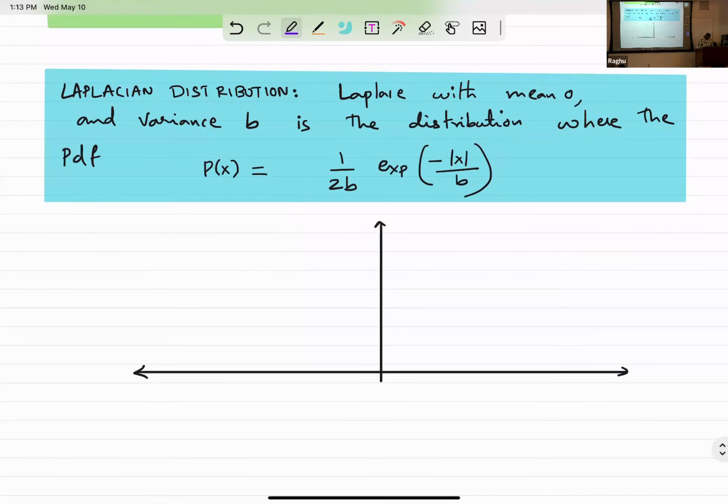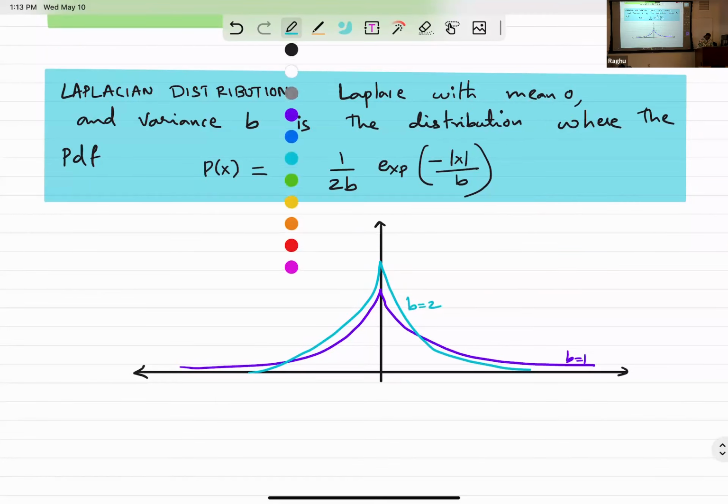You can imagine, maybe this is b equals 1. b equals 2 could be something like this. b equals 3 maybe looks even more spiky.